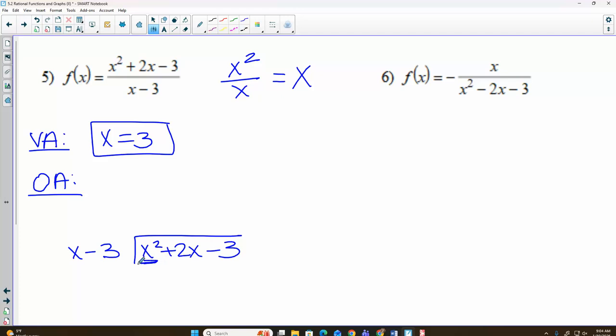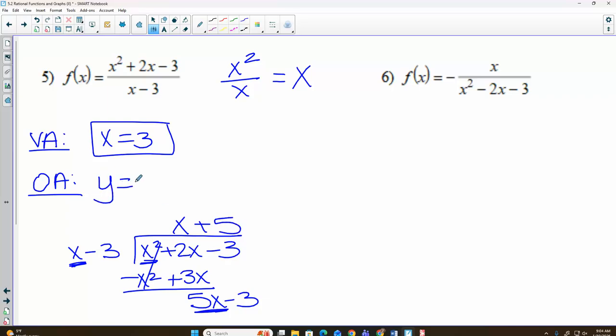Okay, what is x squared divided by x? X. Then you multiply. X times x is x squared. X times negative 3 is negative 3x. So those cancel. So we get 5x minus 3. What is 5x divided by x? So our oblique is y equals x plus 5.